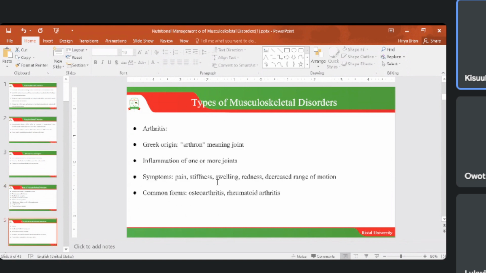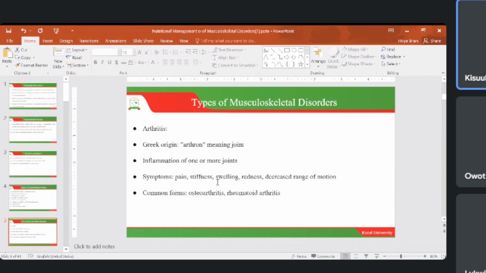So the types of musculoskeletal disorders we have: arthritis, which comes from the Greek origin arthron, meaning the joint. Here we are looking at arthritis as a condition characterized by inflammation of one or more joints, resulting in pain, swelling, stiffness, redness, and other things.